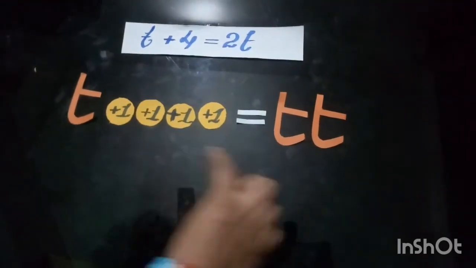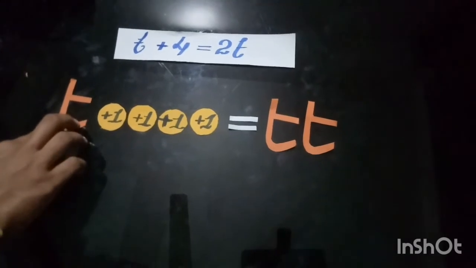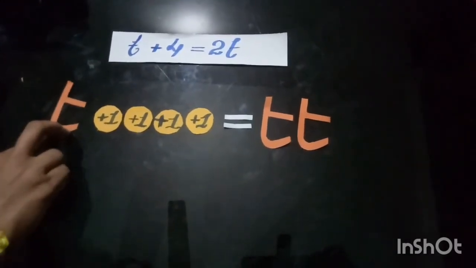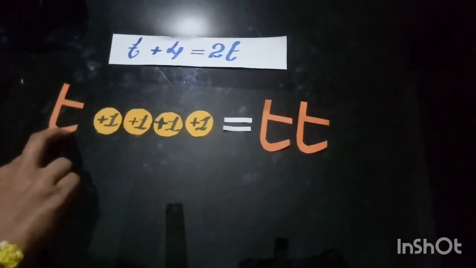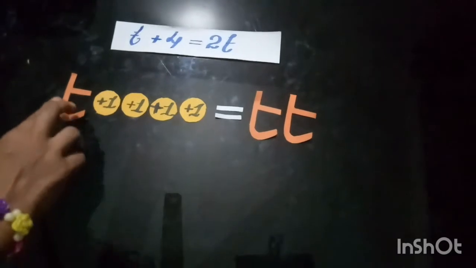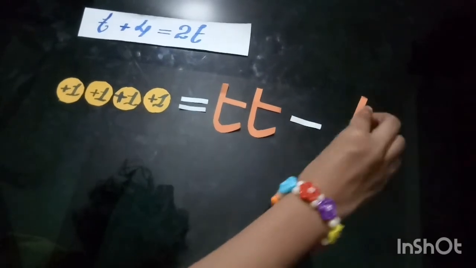Now to find the solution of this equation, I want to transpose this t from LHS to the RHS. Remember, when we change this positive t from LHS to RHS, it becomes negative. I am taking this t off and now it becomes minus t.